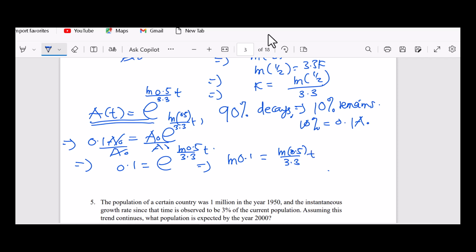And so solving for t, t equals ln of 0.1 over ln of 0.5, all over 3.3, and this is approximately equal to 10.96 hours. And this is the final answer we have.